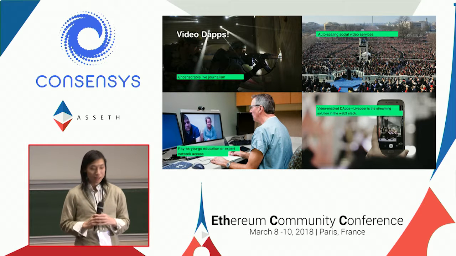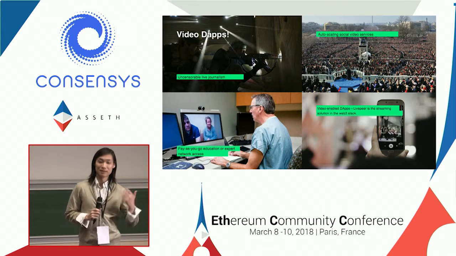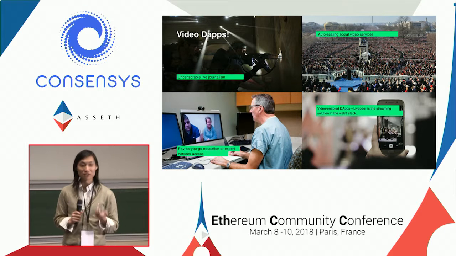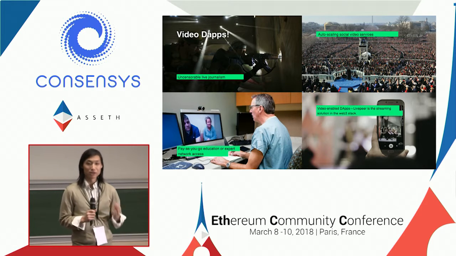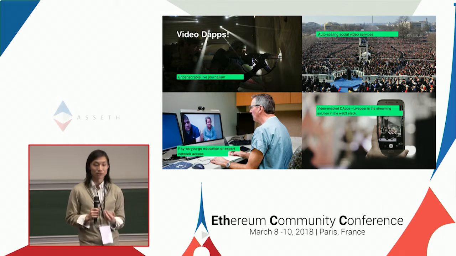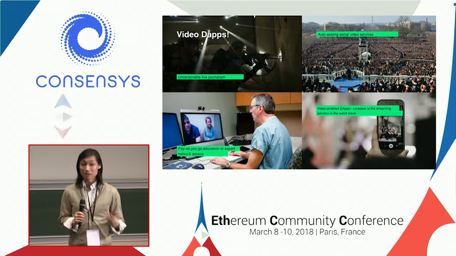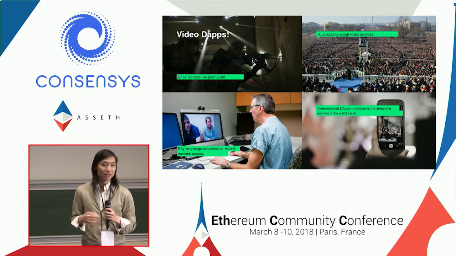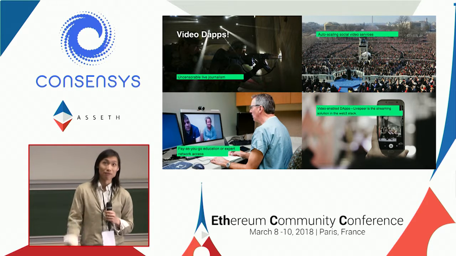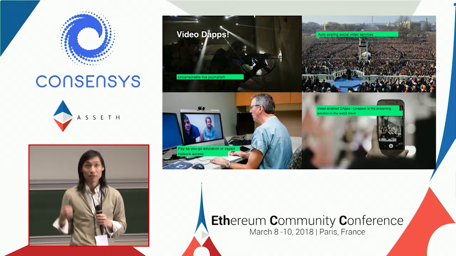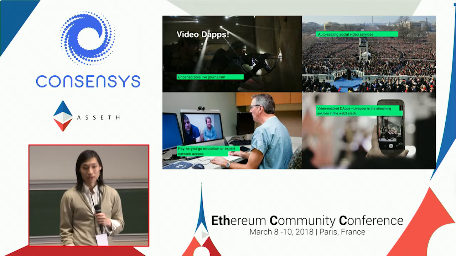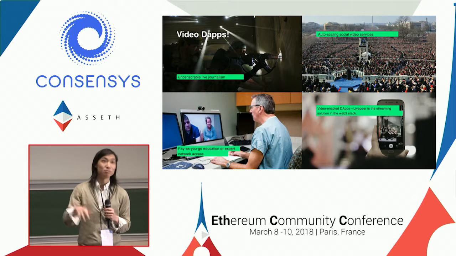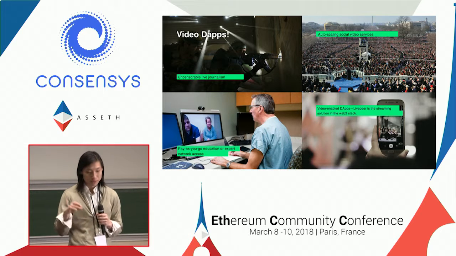And finally, there are so many dApp ideas that we have, right? And this decentralized video service creates all kinds of new opportunities that were not available before. Something I'm really excited about is uncensorable journalism, right? When a war or a conflict breaks out, the first thing that gets cut off is the live video feed. But with a decentralized network, it's much harder to censor the video.